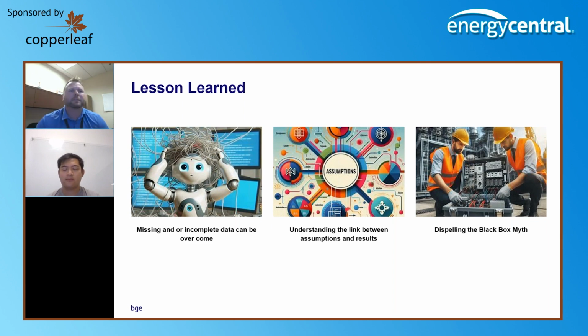And that gets to the next piece here, which is understanding the link between your assumptions and the results. I think that's one of the things that we're working through right now, and it's a great learning experience. As I mentioned before, where we didn't have asset data on age, we just assumed the station was built in this year and plugged this date in for these particular assets.